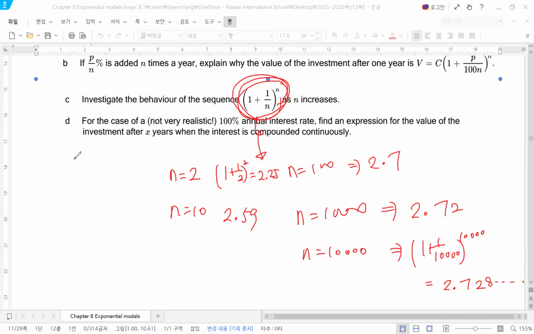So students, as n increases to infinity, the value of (1 + 1/n)^n goes to 2.727, okay? So that's this number, we call it the Euler number.